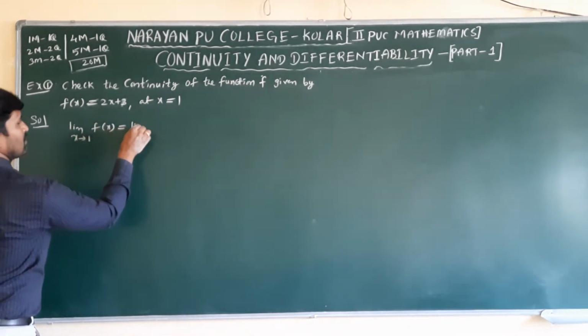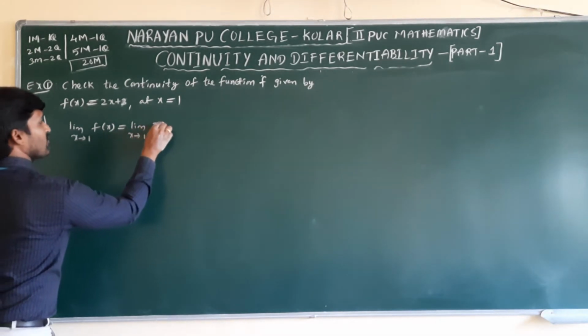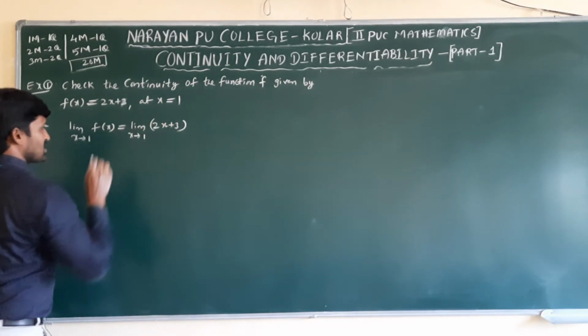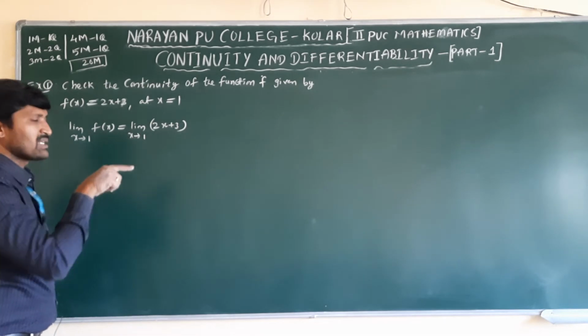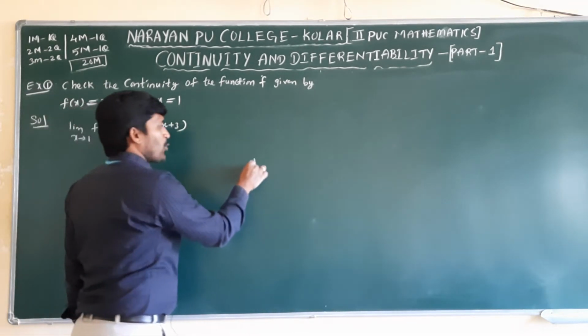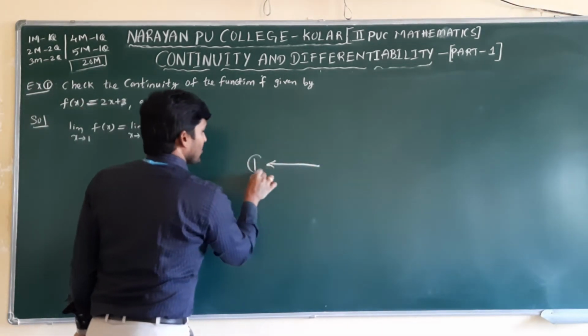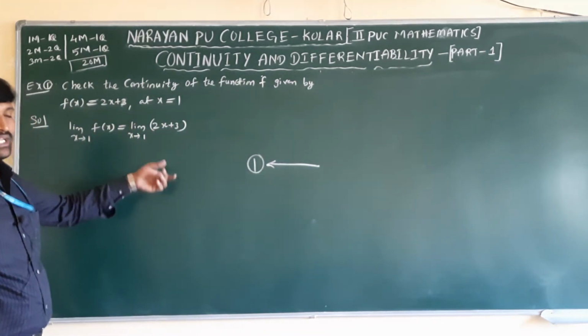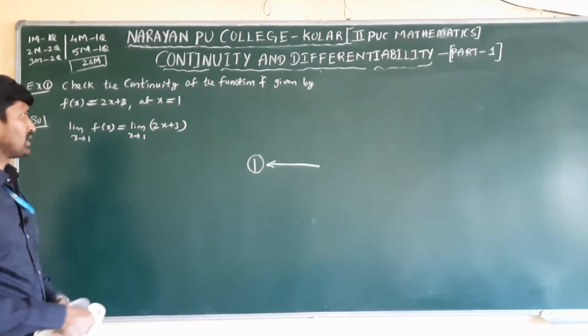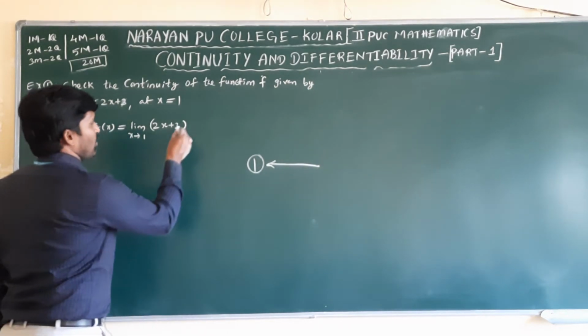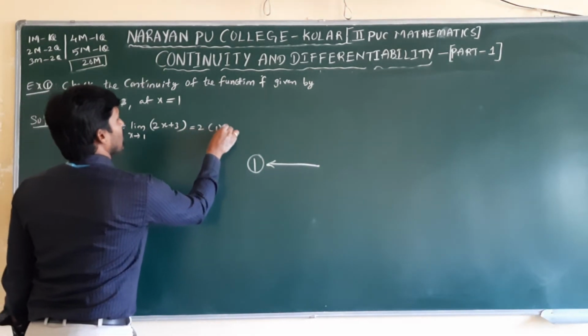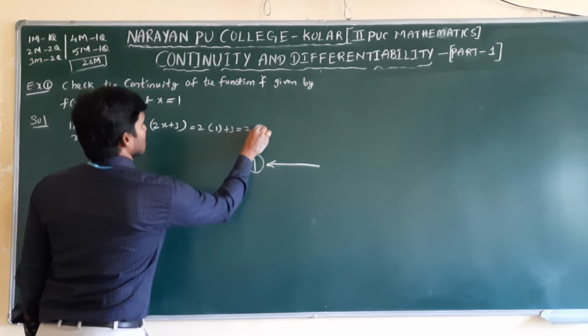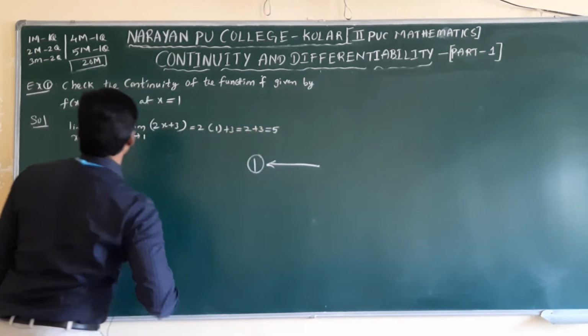What is f of x? 2x plus 3. x is tending to 1 means approaching from any side, approaching which value finally? 1. So we substitute x as 1. 2 into 1 plus 3, that is 2 plus 3, 5.